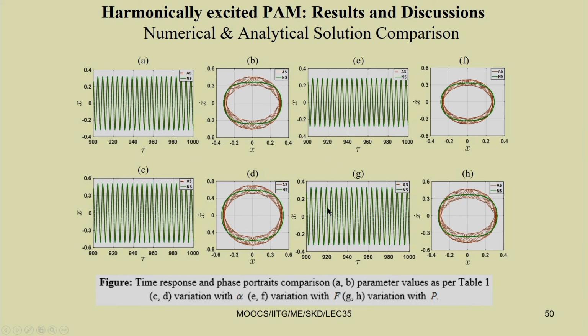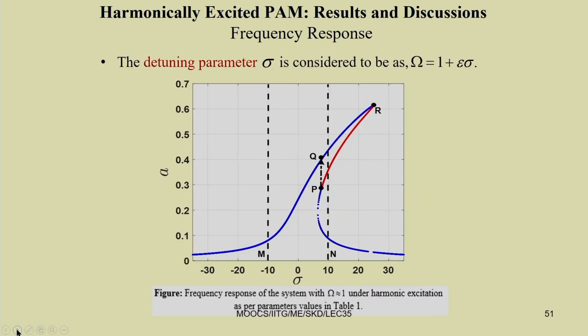From the time response and the phase portrait you can see the method of multiple scales is giving a close response. The advantage of this method is that now we can plot the frequency response plot. This is the frequency response plot.